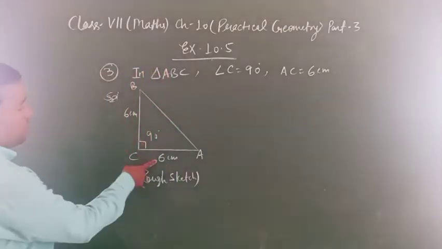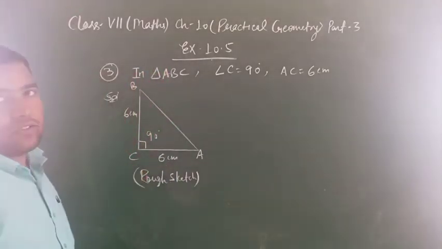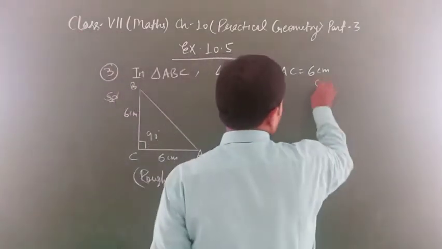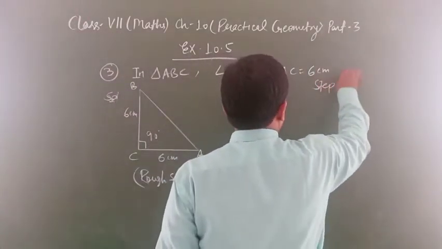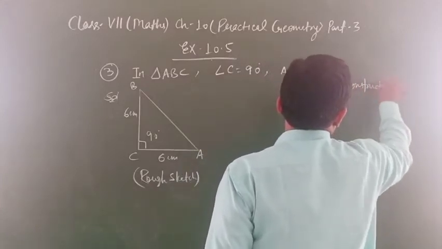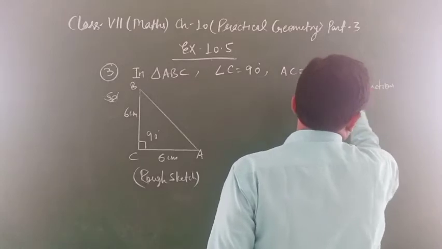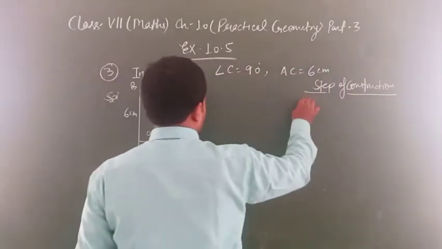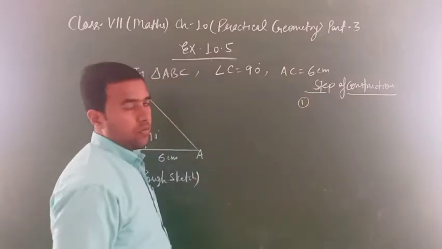Two sides equal, that is isosceles right angle. Clear? Step of construction. One more time I am telling you. First step, first, what we will do?